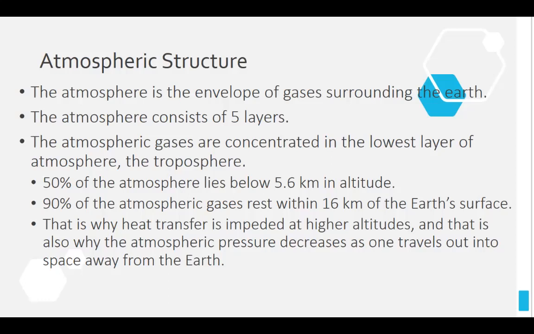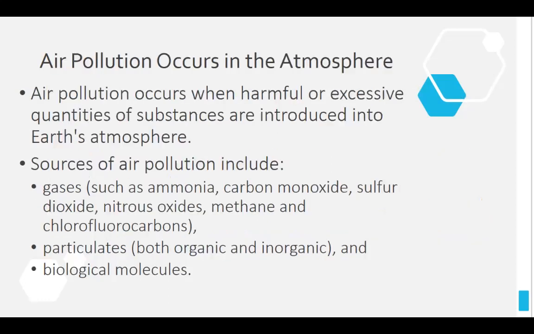Now, when we're thinking about these layers, if it's only that first 16 kilometers that really have all the gases, hopefully you recognize that that's where most of the air pollution is going to occur as well. Air pollution occurs when harmful or excessive quantities of substances are introduced into the Earth's atmosphere. That does not just have to be man-made sources.